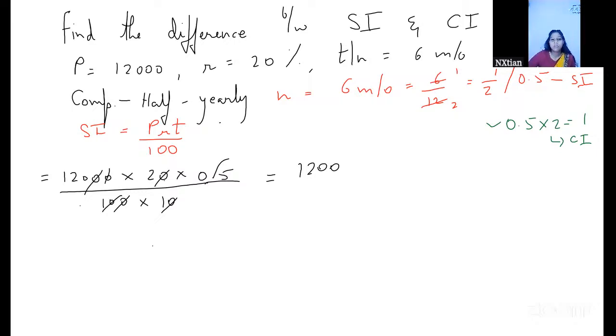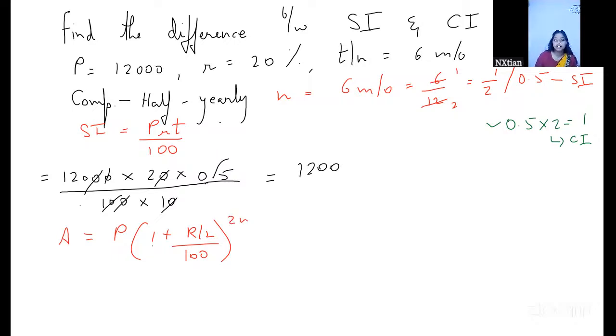Now, moving on to the calculation of compound interest. First you find the amount, with the amount formula. A is equals to P into 1 plus R by 2 by 100, raised to the power 2n.